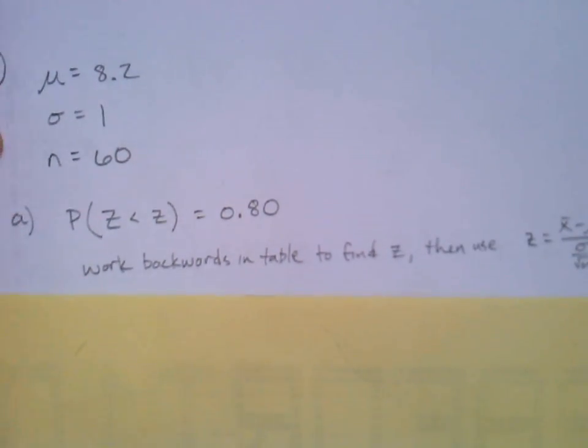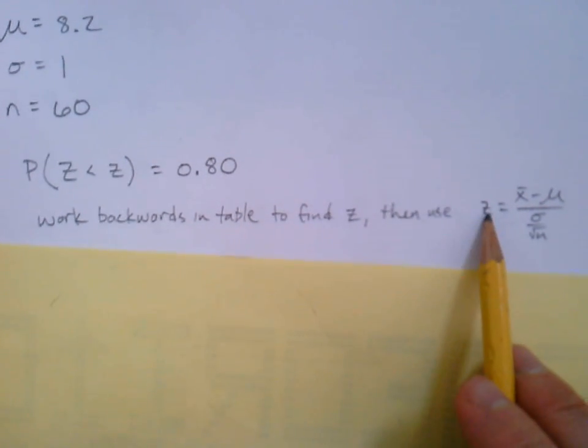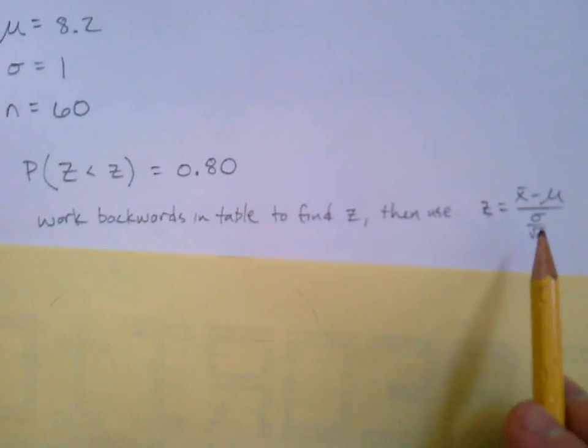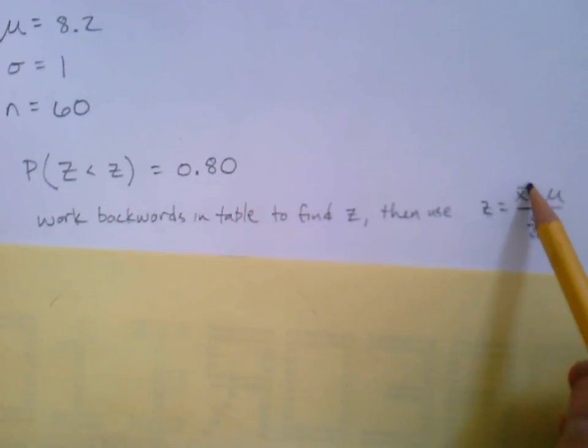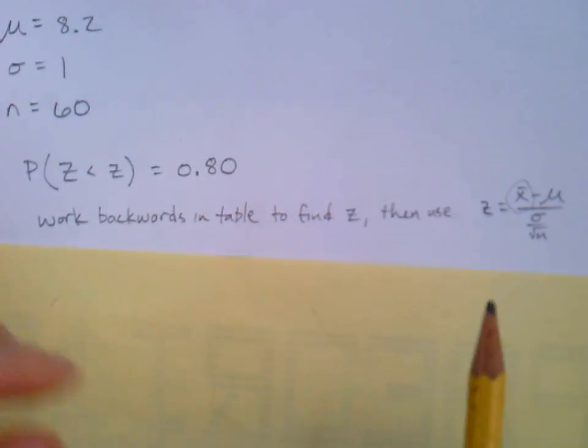At that point, once we know z, we can plug in z, we know mu, we know sigma, we know n, and we can solve for x bar. We want the 80th percentile for the mean time, x bar.